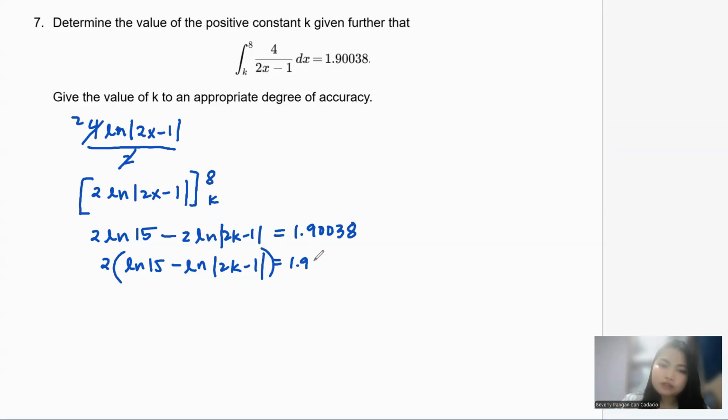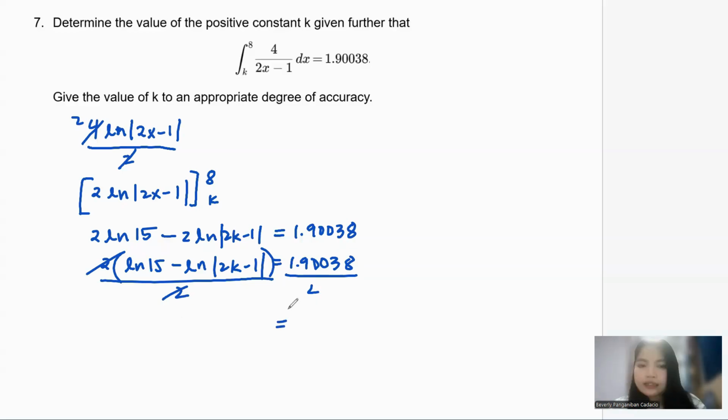So that you can divide both sides by 2. Then, it means that 1.9, you just put this in the calculator. The answer will be around 0.95019, right? Okay.